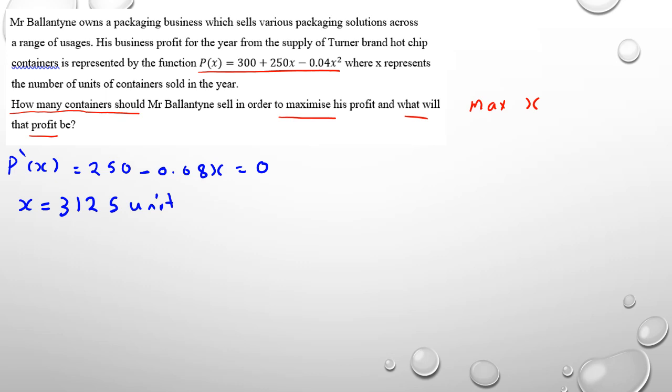And because it's only one value of x, we don't have to go on and prove this value is a maximum. Then that's the first part of the question. It says maximum x, that's the maximum x. And now you're going to find the maximum profit, which is substituting this x value into the main profit equation.